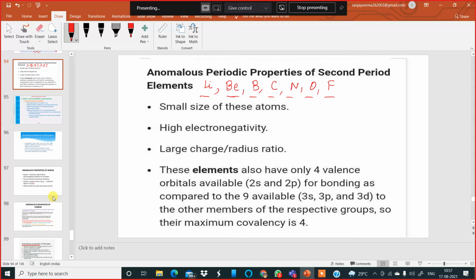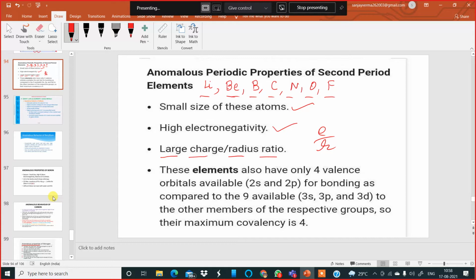The reasons are these. All of these have comparatively small size atoms, comparatively high electronegativity, and a large value of charge by radius ratio.